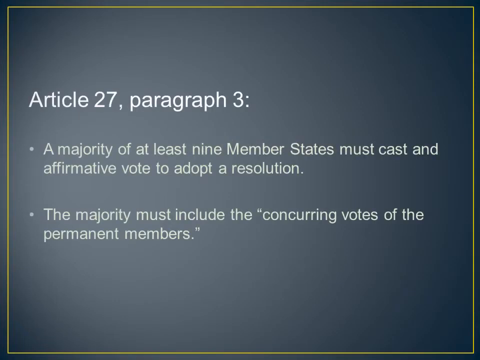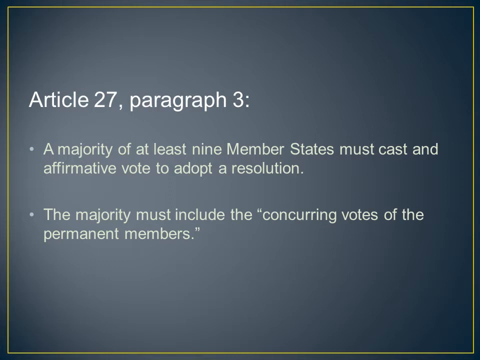First, the procedure. Article 27, paragraph 3 establishes the procedure for the adoption of Security Council resolutions on other than procedural matters. In this case, a resolution authorizing the use of force, as Resolution 1973 was, or even Resolution 1970, authorizing measures against Libya that do not constitute the use of force, both of these must be adopted under the rules provided for in paragraph 3 of Article 27 of the Charter.